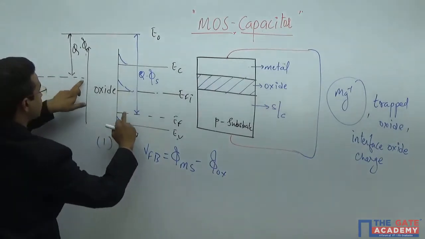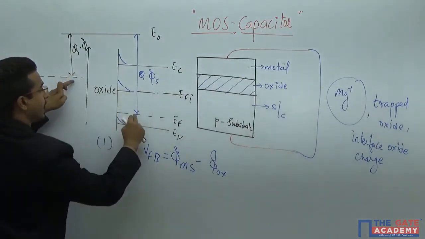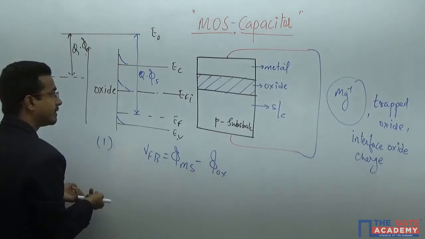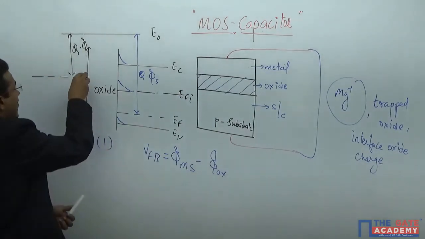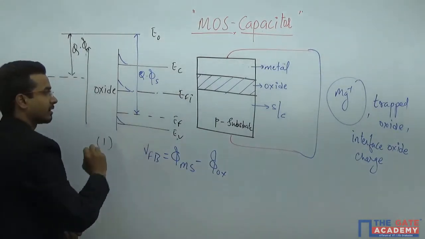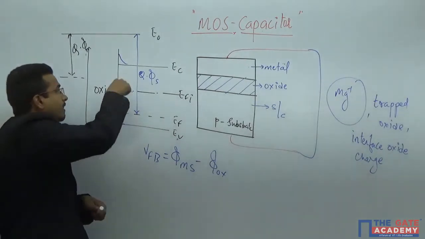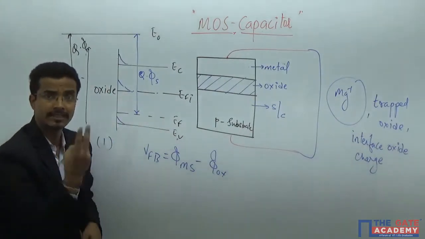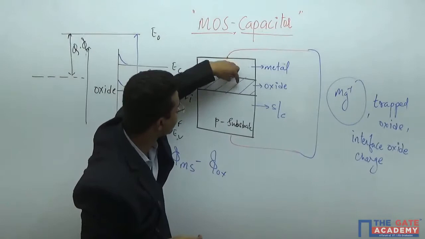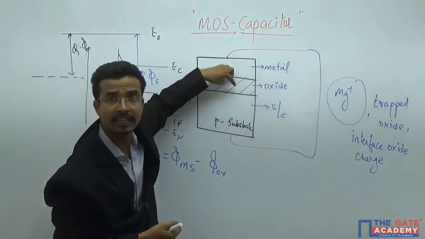The first one is the work function difference. Between the metal and semiconductor there is an energy band gap, and when you connect them from the outside, it may cause charge carrier flow from metal to semiconductor, due to which the energy band will bend. The second thing is non-idealities in the oxide.